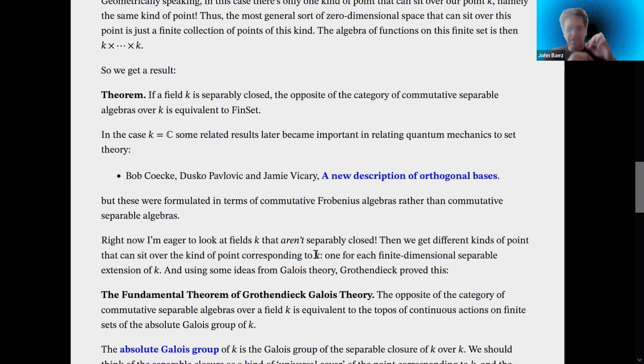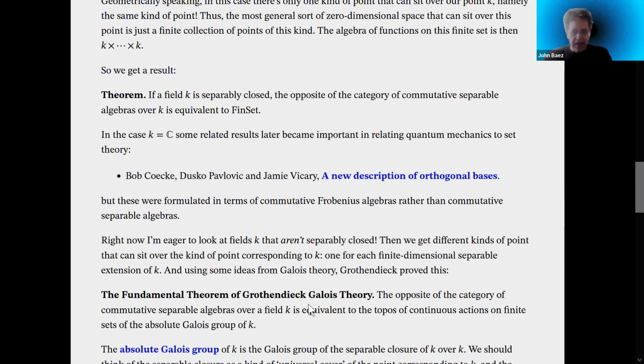So the theorem is, I guess, that every commutative separable algebra over your field will be a finite product of finite dimensional separable field extensions. So it's sort of like a colored version of what we had before, where the points sitting over your point can come in different kinds.